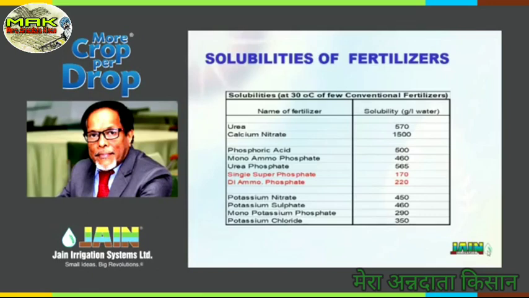Single superphosphate, which I put in red in the slide, at 170, is not even soluble at all when you put it in a large bucket of water, so it's not advised for fertigation. DAP, diammonium phosphate, your favorite fertilizer, is not recommended for fertigation. If anybody did it by mistake, their system would have problems, or suction would not even take place. Potassium nitrate and potassium sulfate are all water soluble ones.